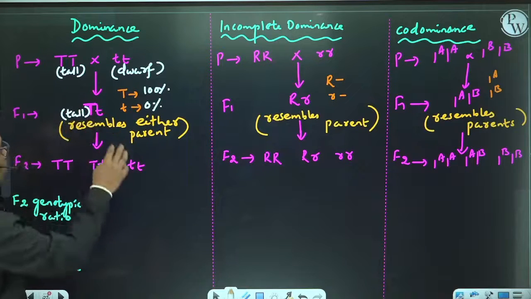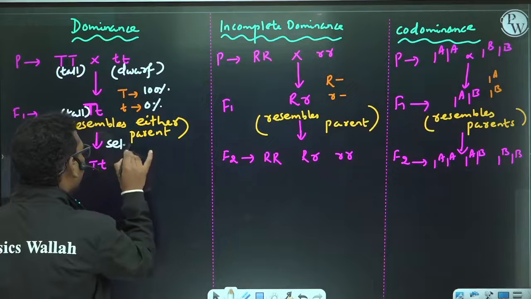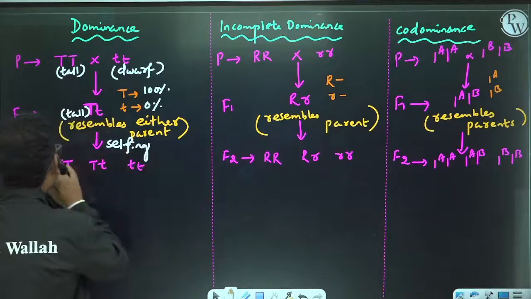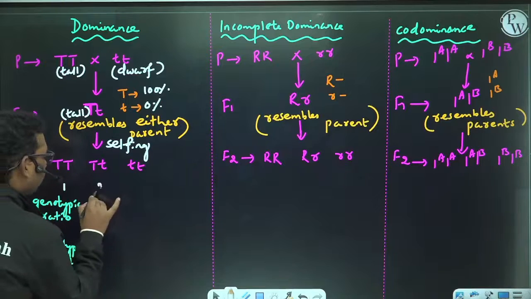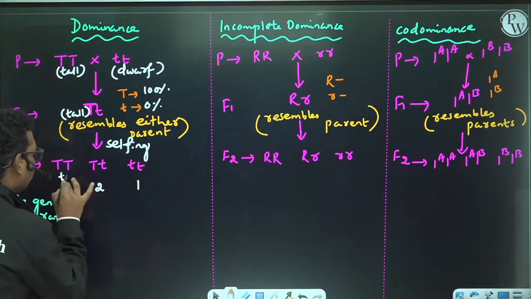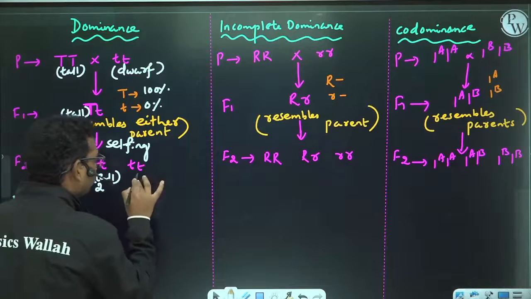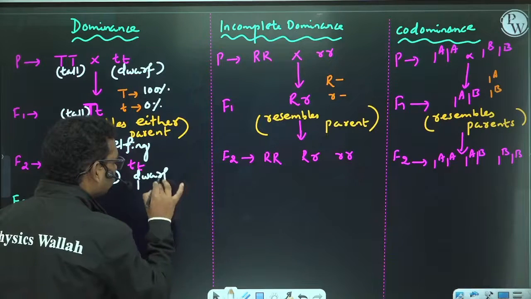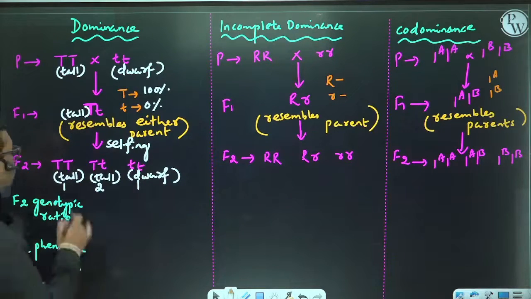Now if you perform the selfing of F1, you will get the F2 generation. You will get 1, 2, and 1. This will be tall, this is also tall, and this is dwarf. So in F2 generation, what is the genotypic ratio in case of dominance?